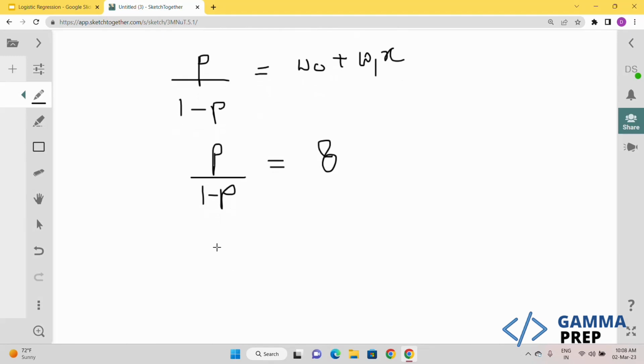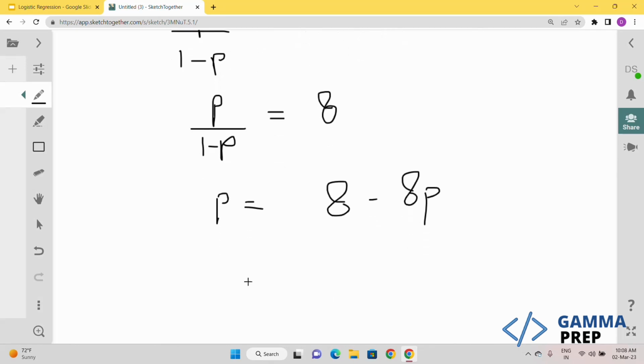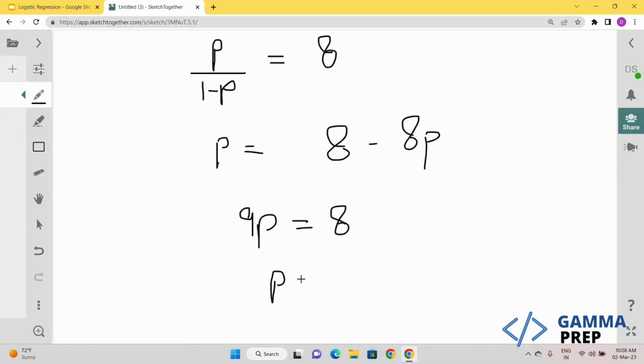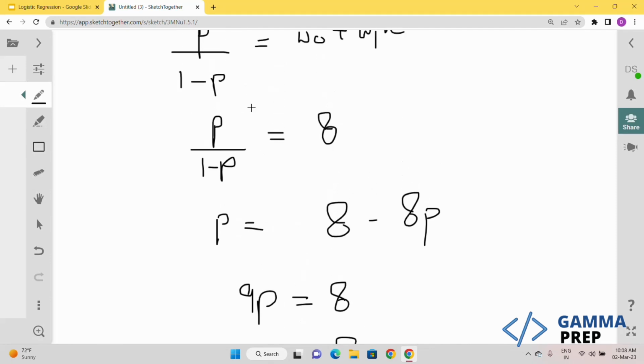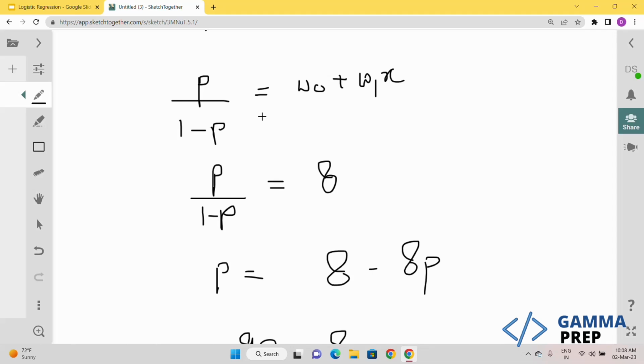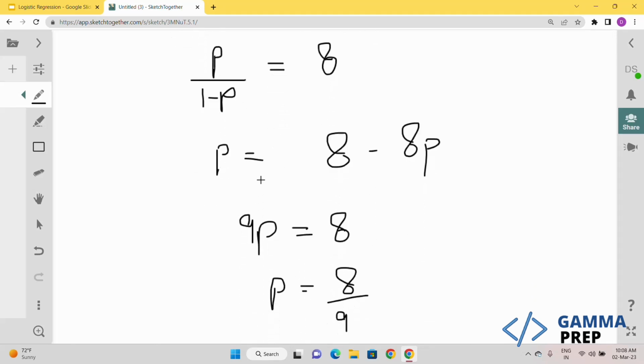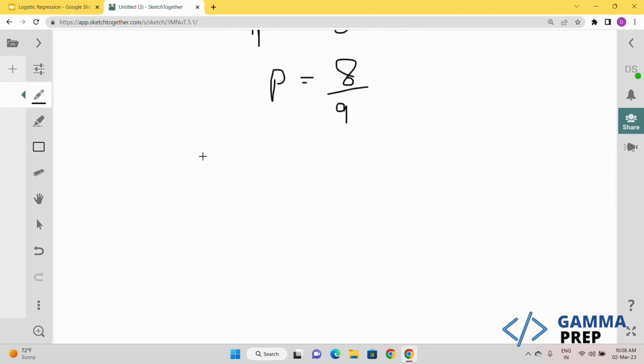But now if you try to figure out what your P is by solving this equation, your probability is less than 1. No matter what your P by 1 minus P is, your probability is less than 1. Let's try to take another big example also. P by 1 minus P is a very big value, say 1000. Then again, let's try to do it.